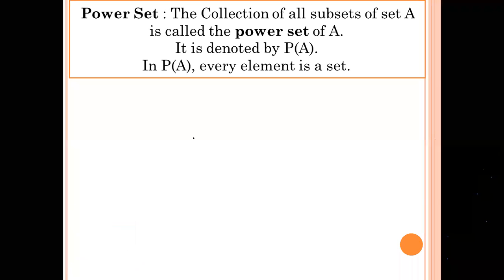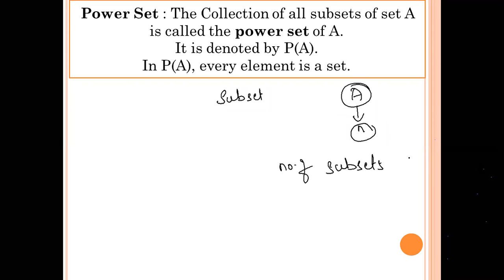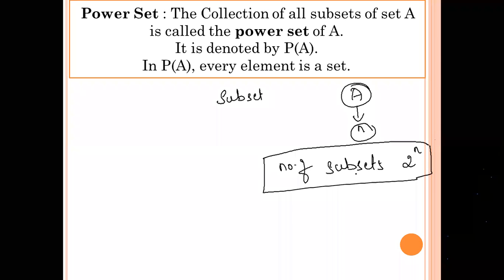Before going into power of a set, when we discussed subsets, if you have a set A with n elements, the number of subsets is 2 to the power n. You have to make a note of this. I forgot to mention this in the previous class. The number of subsets of A is 2 to the power n.